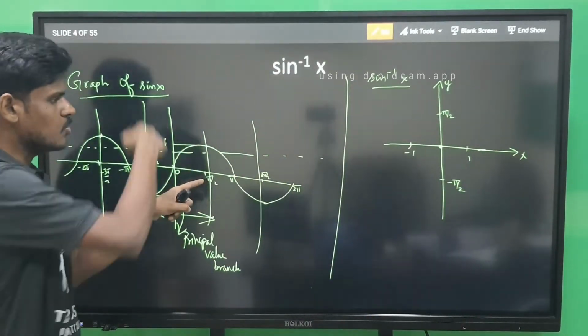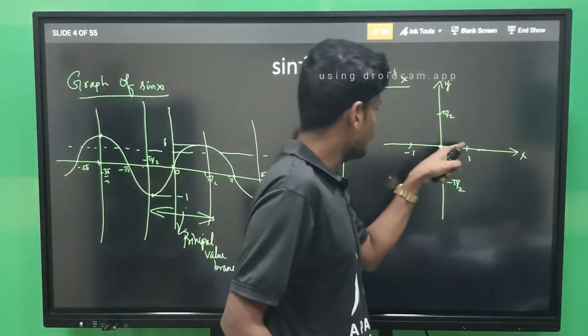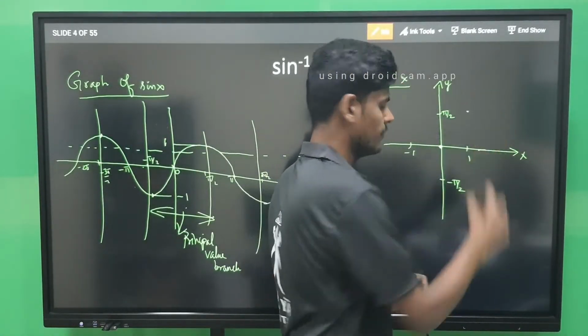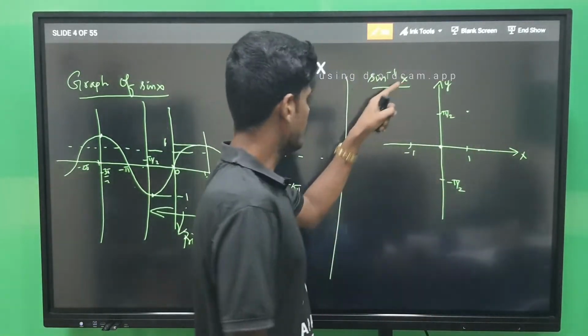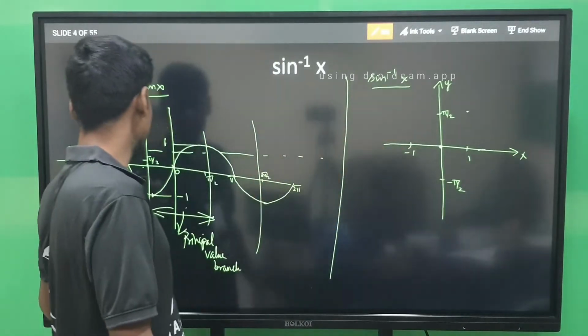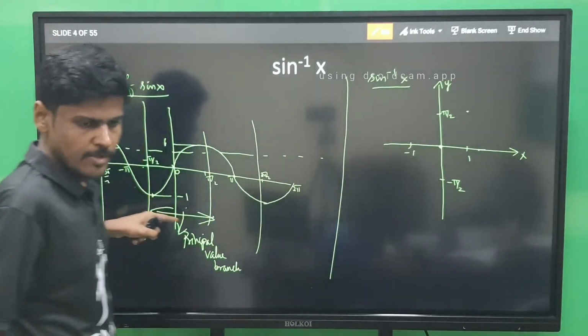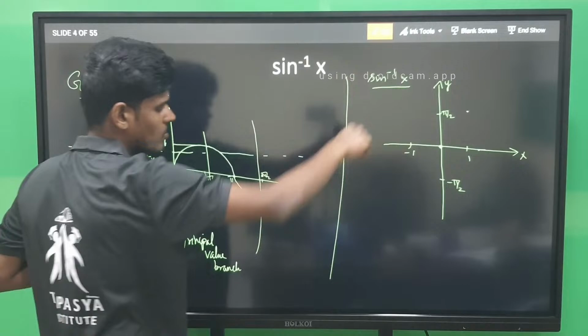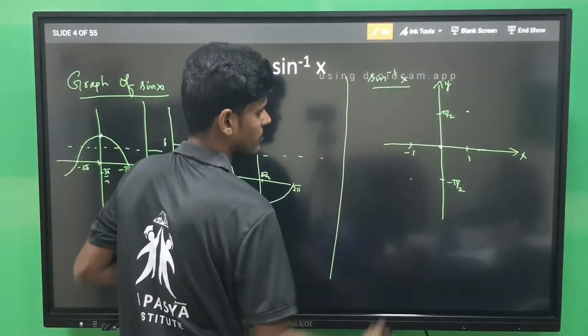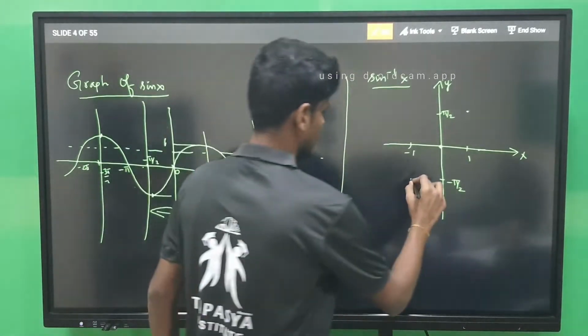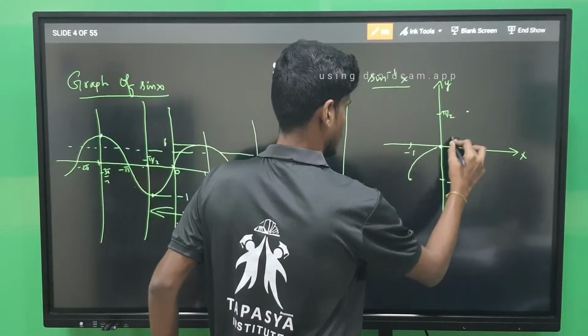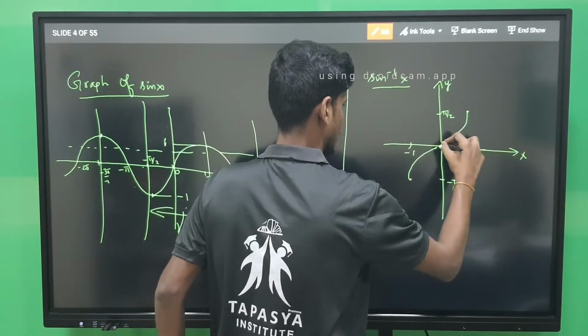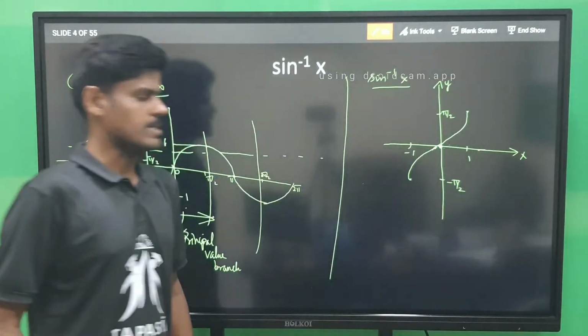Sin pi by 2 is 1, so sin inverse of 1 will become pi by 2. Sin of minus pi by 2 is minus 1, so sin inverse of minus 1 is minus pi by 2. So just plot these values. This curve will look something like this.